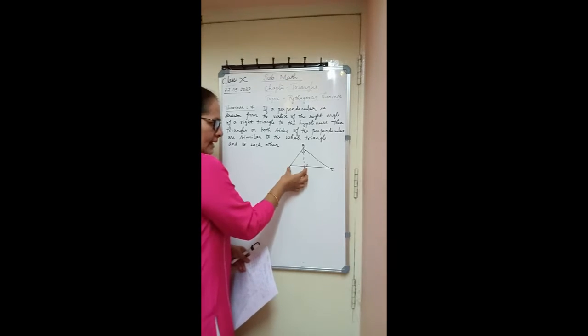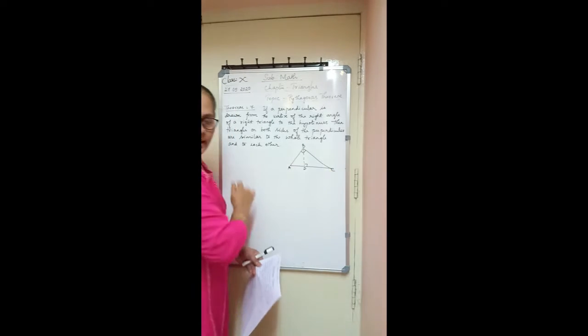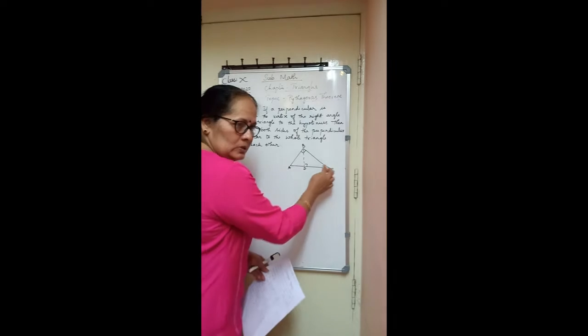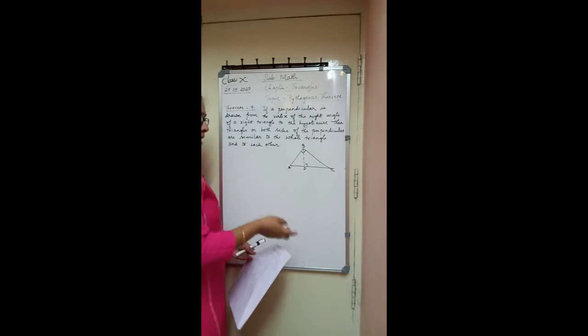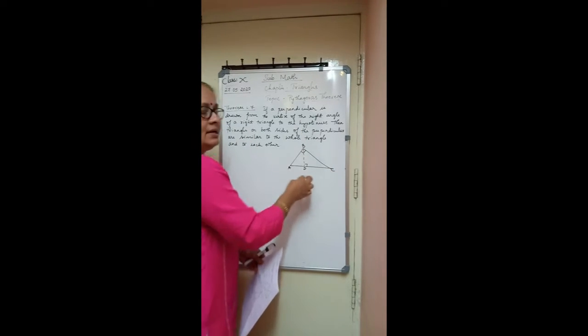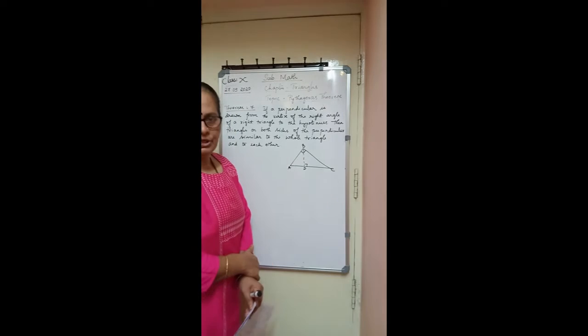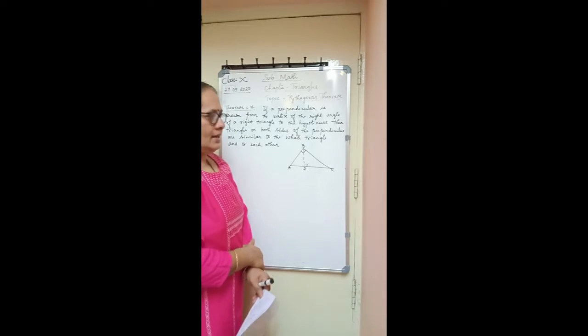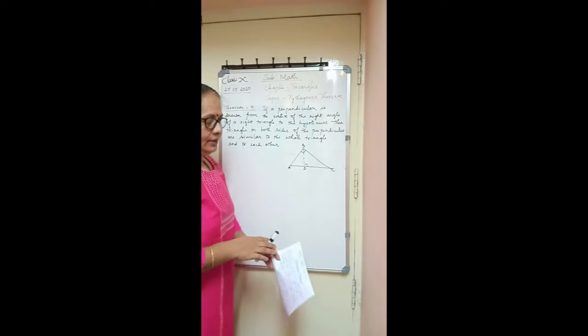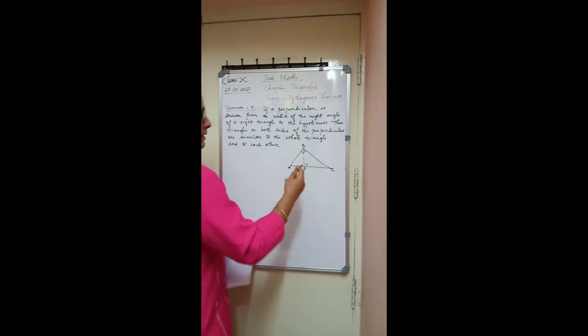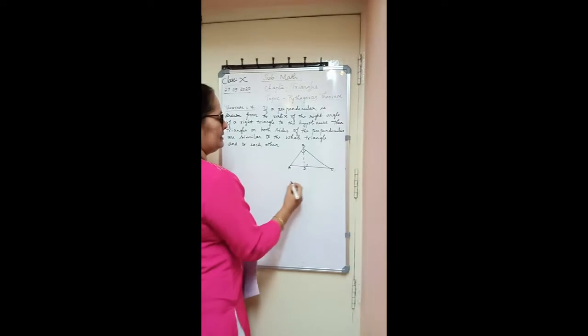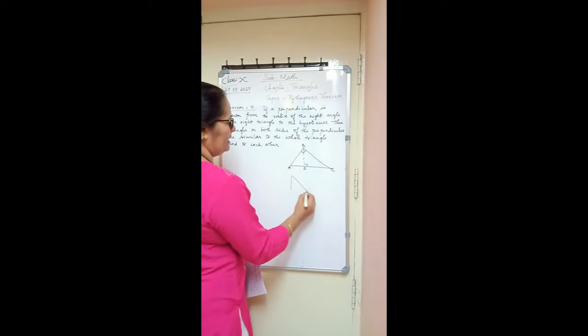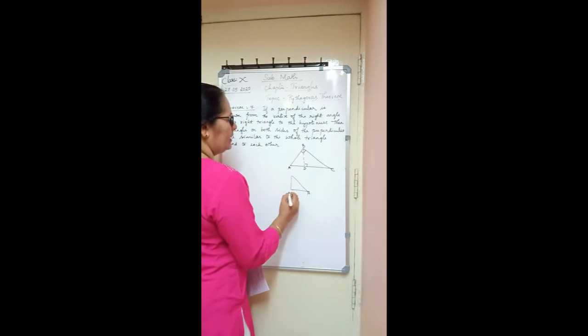That is, triangle ADB is similar to triangle ABC, BDC is also similar to ABC, and triangle ADB and CBD are also similar to each other. Now we will see how it is similar. Take triangle ABC, with angle A here, and B and C.